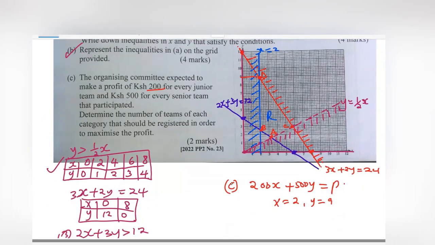And therefore the total profit that will be realized will be equal to 200 times 2 plus 500 times 9, and this one is going to give us 400 plus 4,500, and this one is going to give us exactly 4,900.